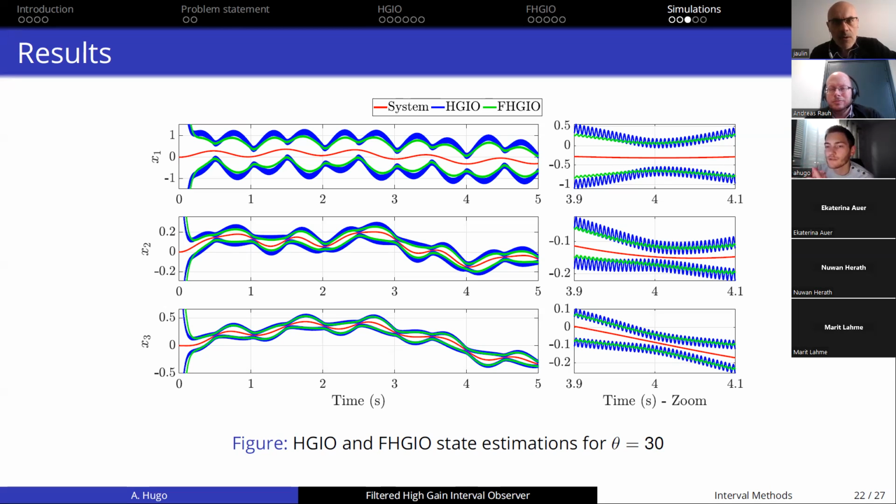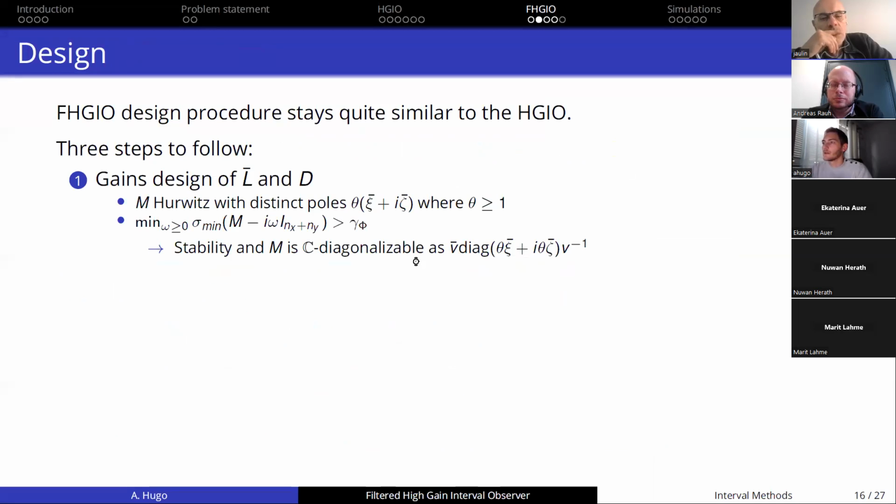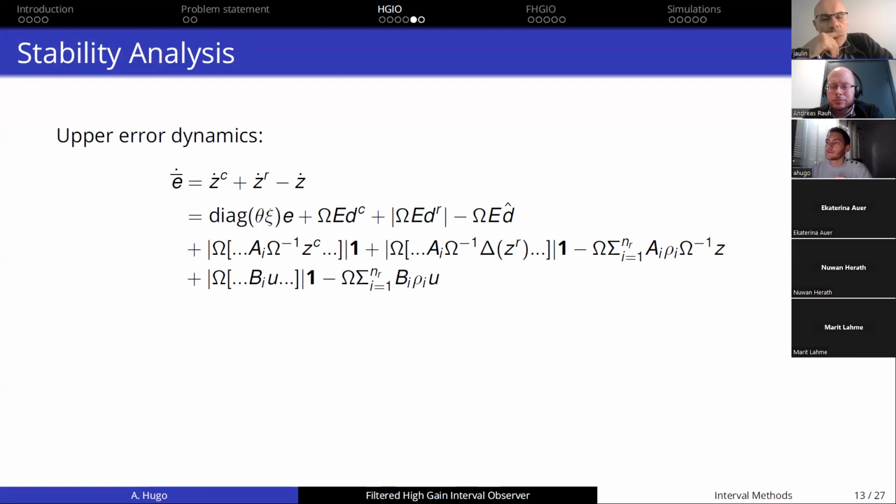Like we cannot ensure the convergence to zero because we have uncertainties. Yes. So we will just ensure that the error dynamics here is bounded. Okay.